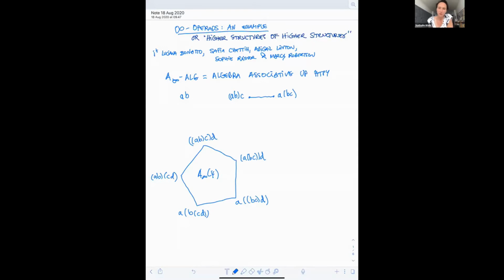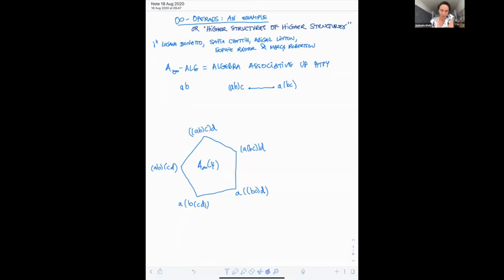Now, being an infinity algebra is more than that. It says that if I start multiplying 4 elements, then there are actually 5 ways of multiplying them, and being an infinity algebra means that my previous homotopy gives me the border of this pentagon, and I can also fit it in, and this keeps going with as many elements as one tries to multiply.